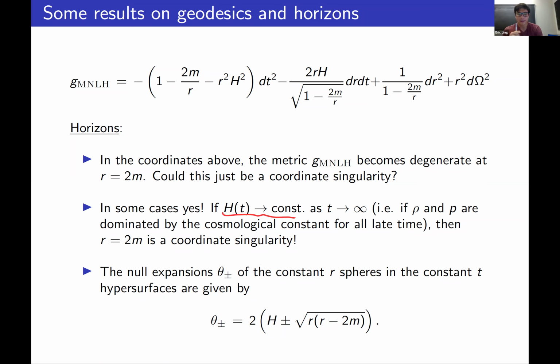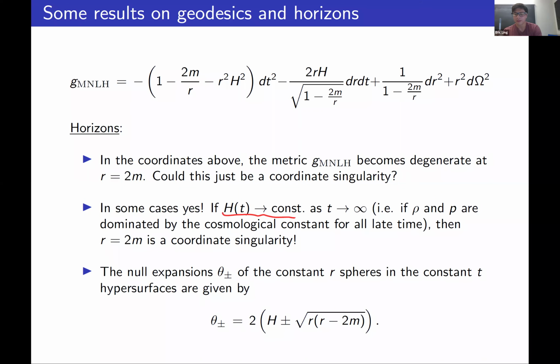Okay, and then lastly, what I have here is the null expansion. We calculated the null expansions for the constant r spheres in the constant t hypersurfaces, and they are given by this formula here. I can't really see it because the screen sharing button is blocking it, but one should note that it does reproduce what one sees in Schwarzschild when you set h equal to 0.